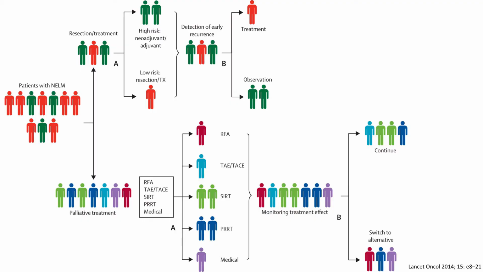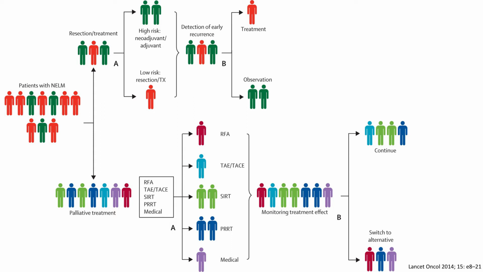So with liver disease alone for a neuroendocrine patient, we have a very complex shift when we look at how we manage them. If we look at all comers, some will be candidates for resection, some will not.